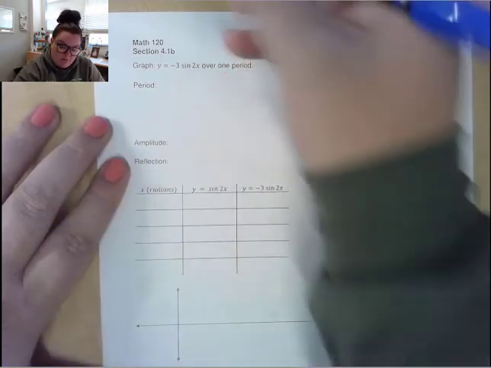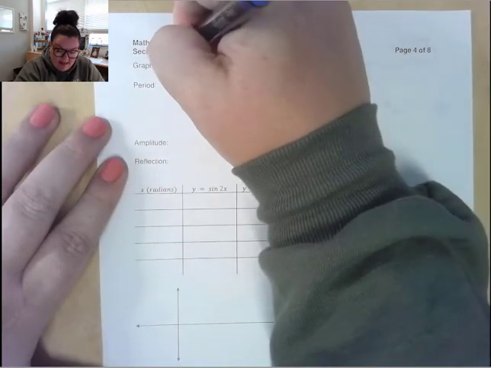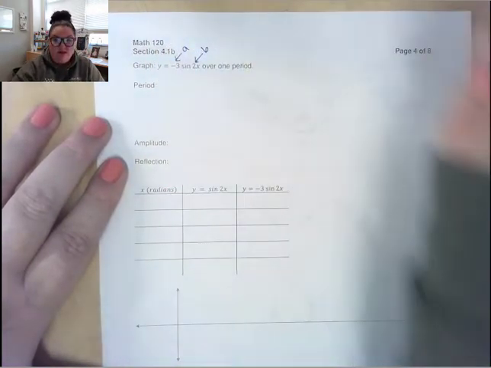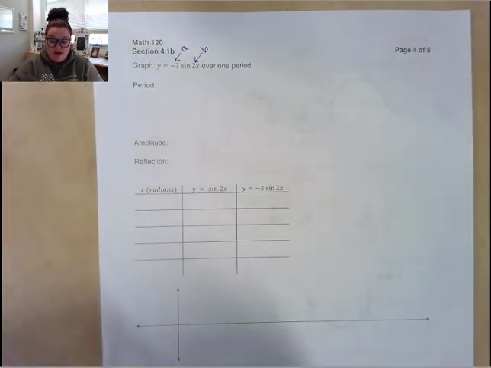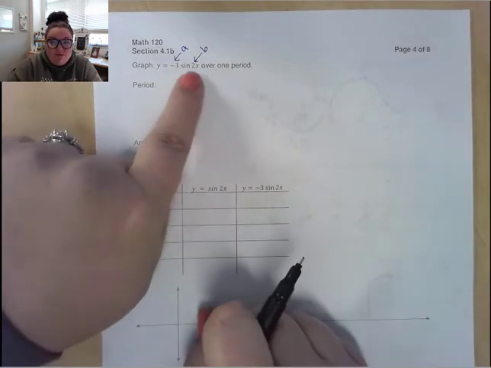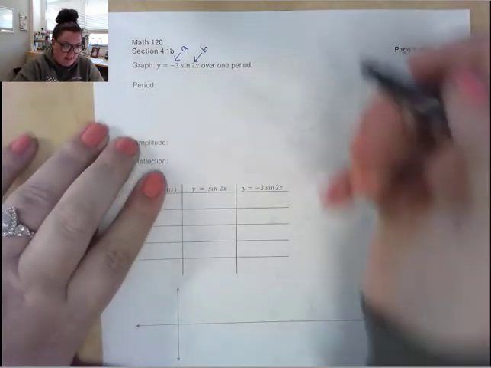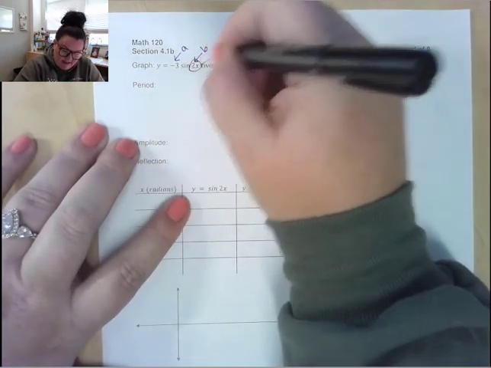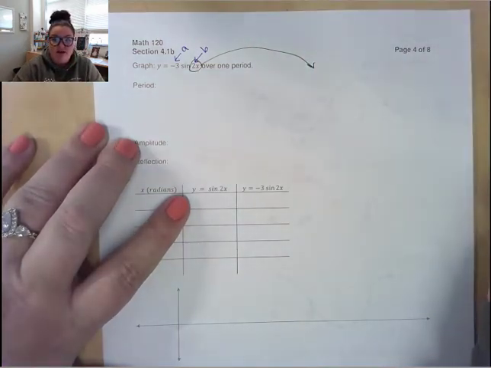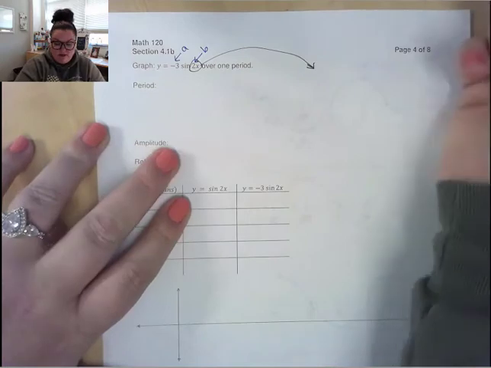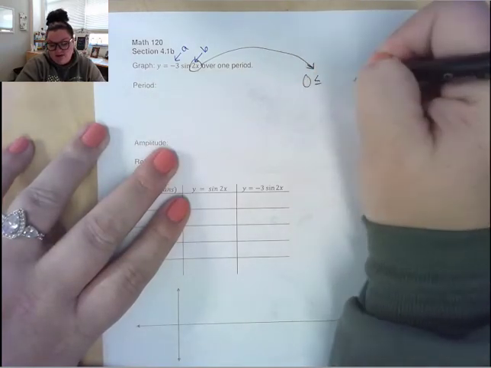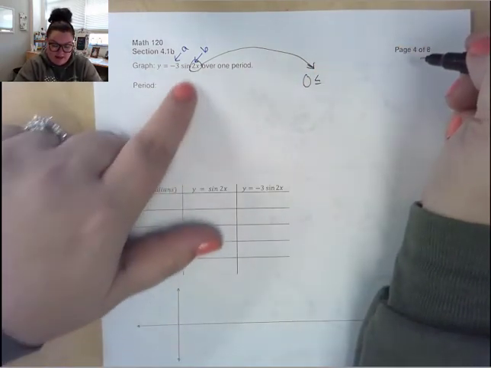Remember, this number out here is my A. This number in here is my B. Before I do anything, I notice if I am multiplying by anything on the inside, I want to take that and adjust my x values so that I get good quadrantal values.